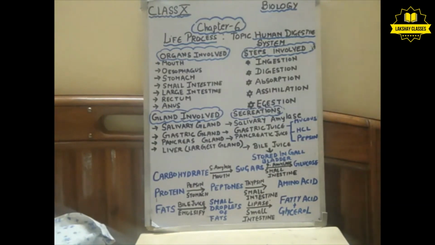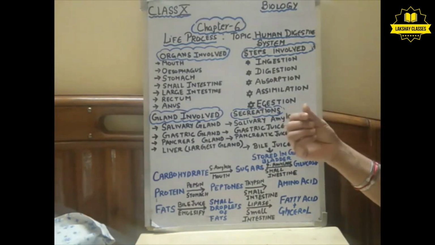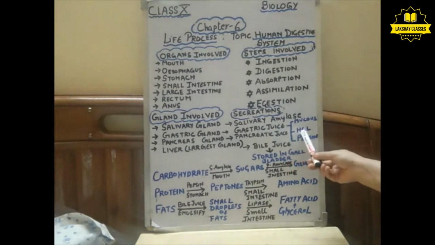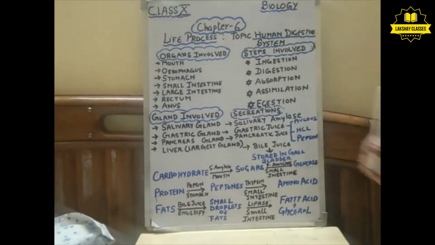There are three things present in this gastric juice. Number one is mucus, a slimy, sticky substance. Another is hydrochloric acid, which is called HCl, and the third is an enzyme, that is pepsin enzyme. All these together form gastric juice.